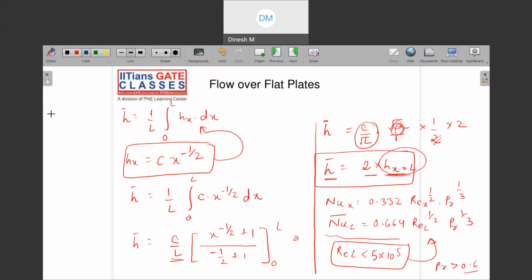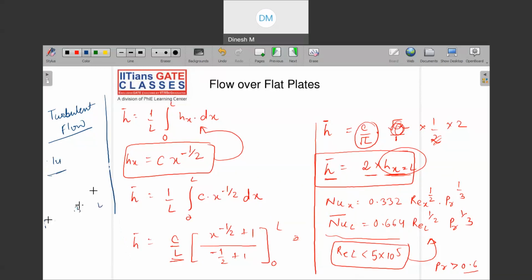Similarly, if I write the relation for turbulent flow, then the Nusselt number is equal to 0.037 into Reynolds number to the power 0.8 multiplied by Prandtl number to the power 1 by 3.